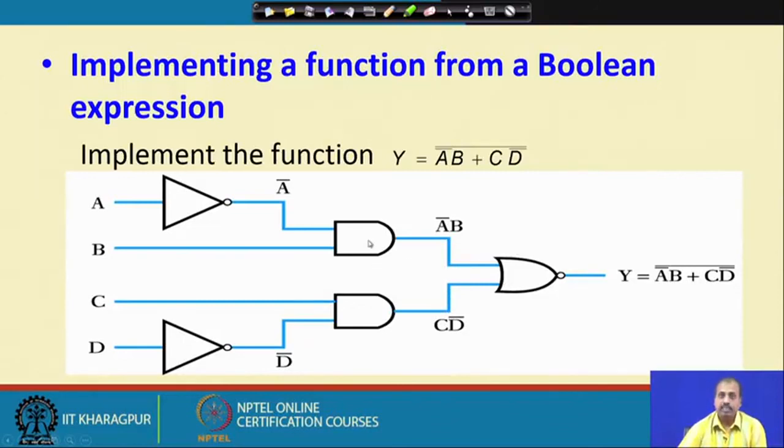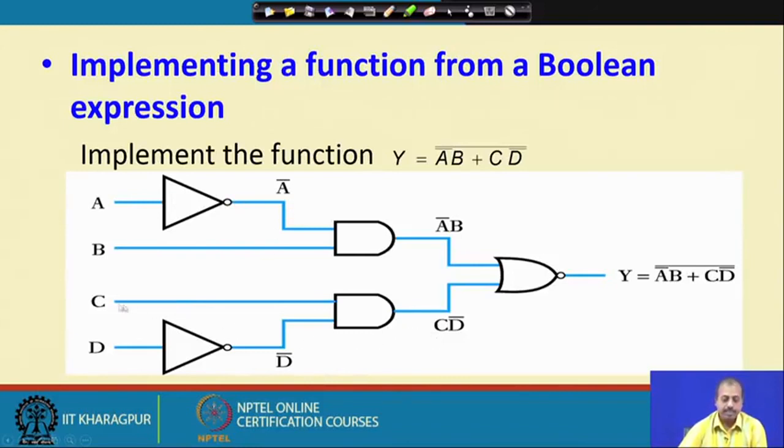Now, how do I realize a bar b? For getting a bar b, I have to do AND of a bar and b. This is an AND gate and we have a bar and b here. b is coming directly from the primary input, but to get a bar I have to take an inverter, and then a will be applied here and a bar will be obtained from there.